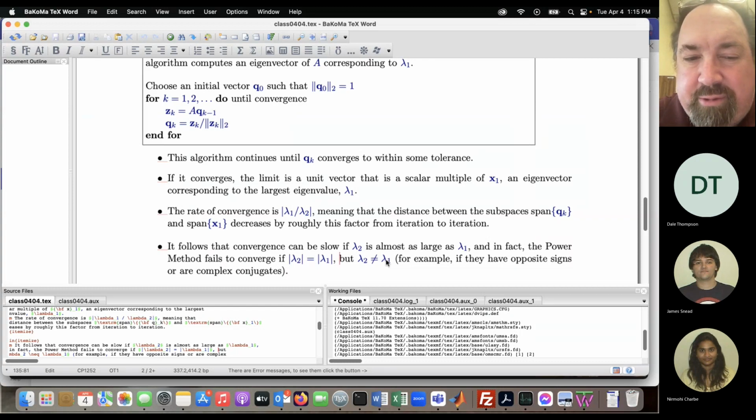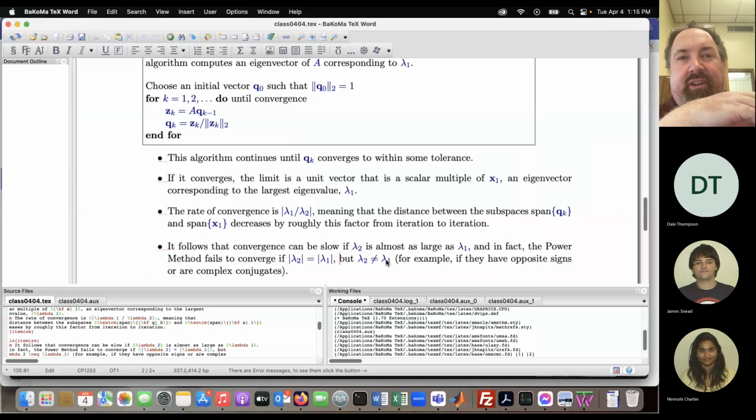Suppose they have opposite signs, or since A is real but could have complex eigenvalues, what if the largest two occur in a complex conjugate pair? Then the power method would not converge in that case. So this is a good starting point, but it has significant limitations that we need to deal with.